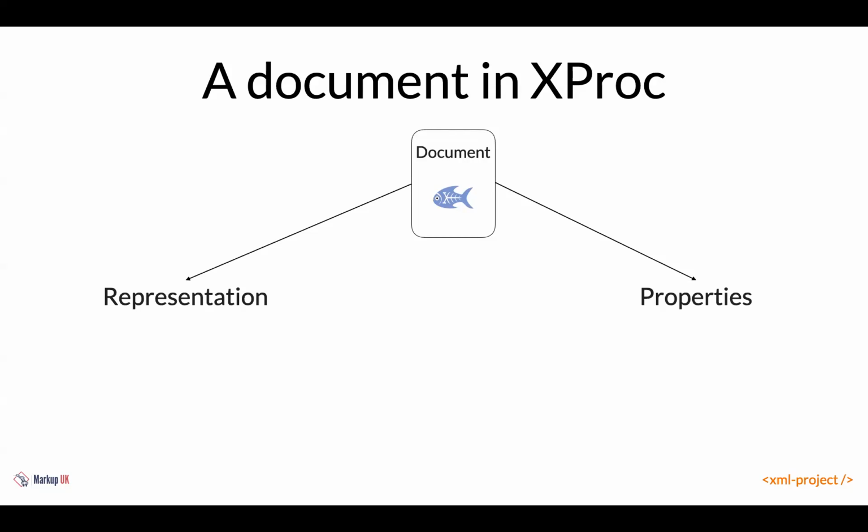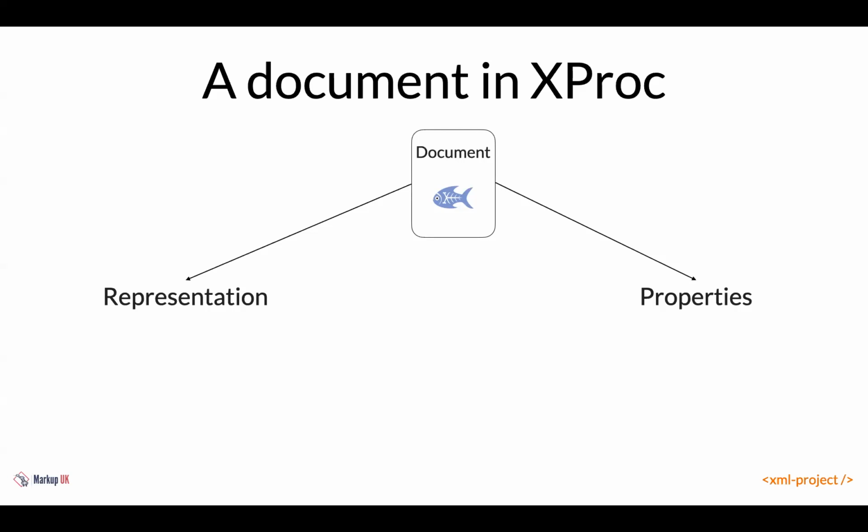If the document gets serialized by the processor, either to the command line, to the console, or to p:store, or to a p:http request, the serialization map is used to control the serialization process.